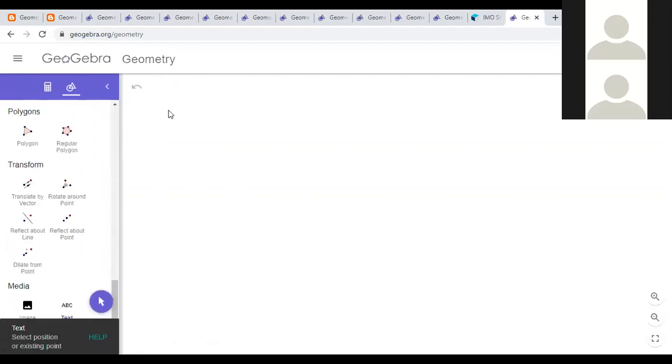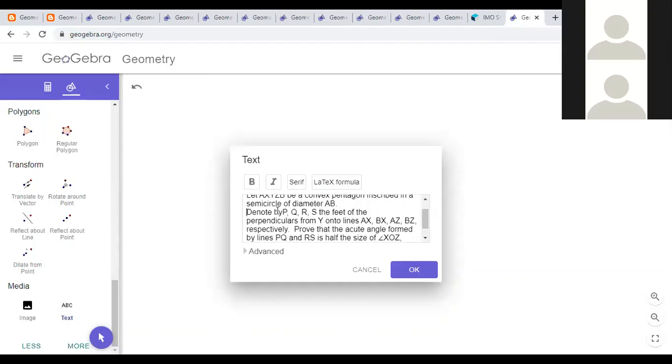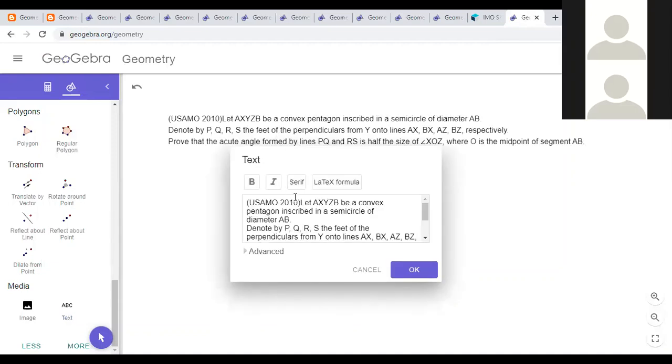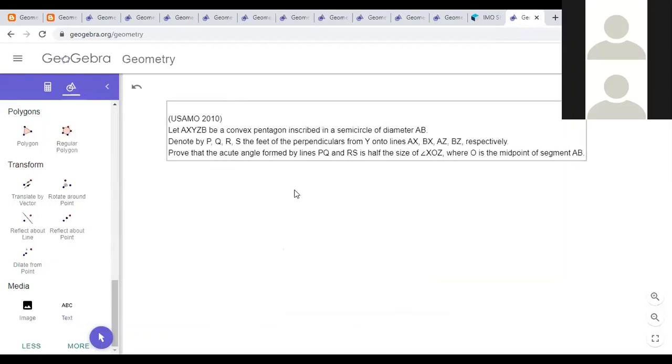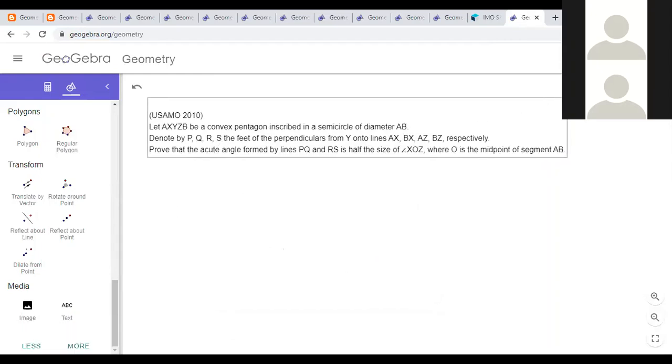All right. So this is USAMO 2010. So we have a pentagon inscribed in a semicircle with diameter AB.